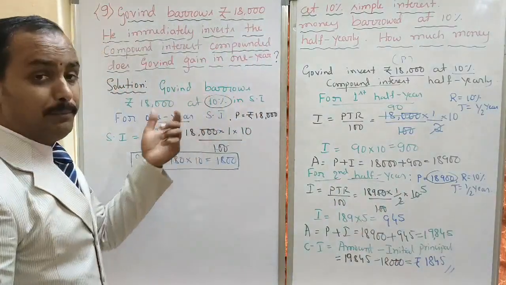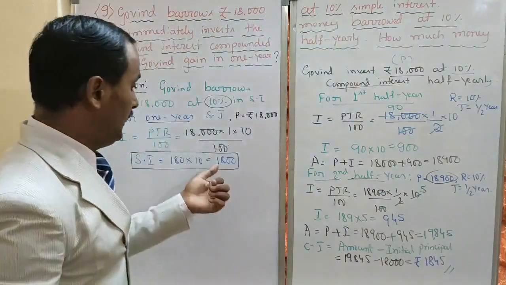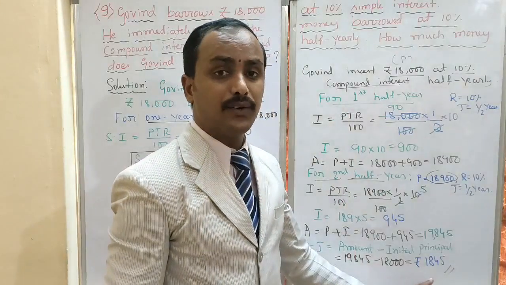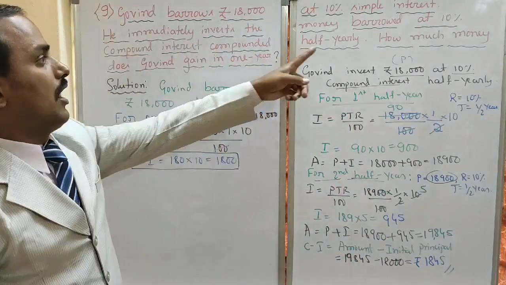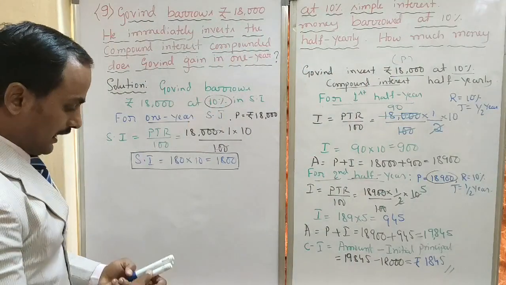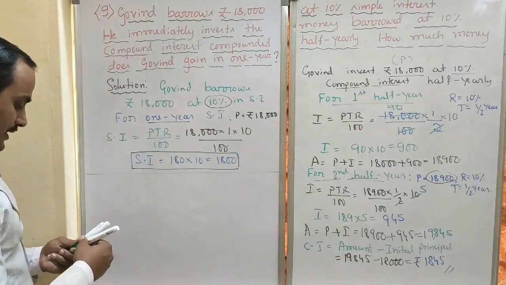But Govind borrowed the money 18,000 for 10% simple interest. He paid only 1,800, but he collected 1,845. What is the question? How much money does Govind gain in 1 year? I will write the conclusion here. Don't take confusion. This is final step.